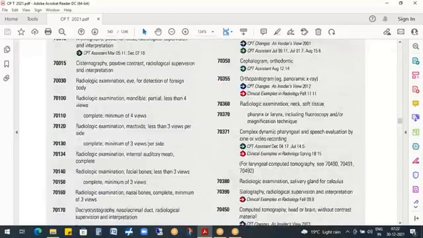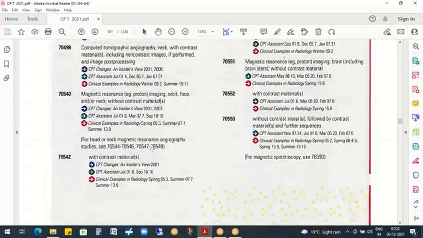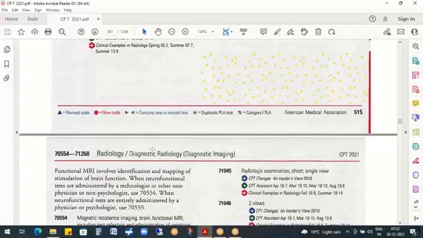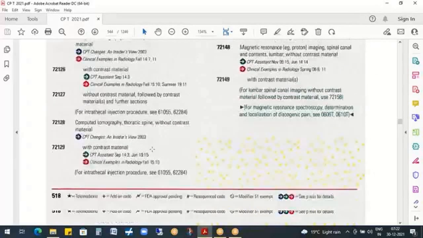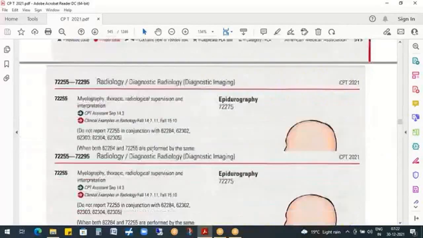Page number 514. You can see the concept in radiology. First topic, diagnostic radiology. That is the first concept. Like that, we need to go for mammography, page number 543.